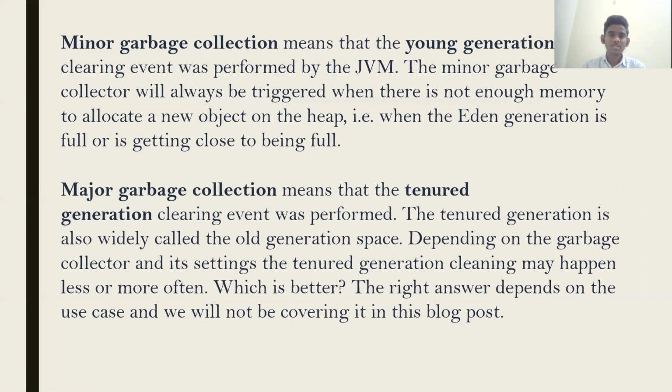And major garbage collection means that the tenured generation clearing event was performed. The tenured generation is also widely called the old generation space. Depending on the garbage collector and its settings, the tenured generation cleaning may happen less or more often. Which is better? The right answer depends on the use case, and we will not be covering it in the blog post.